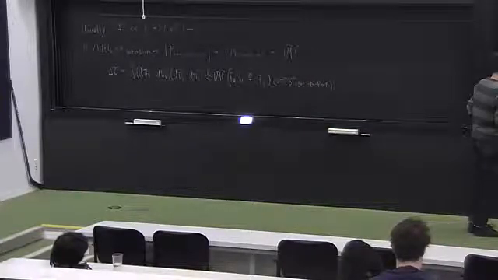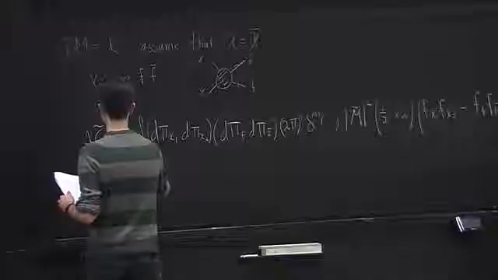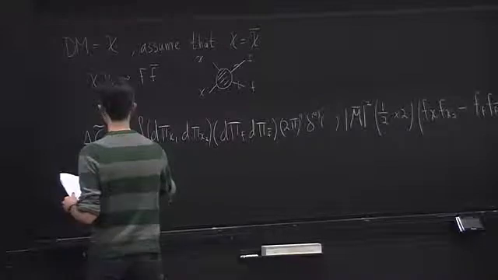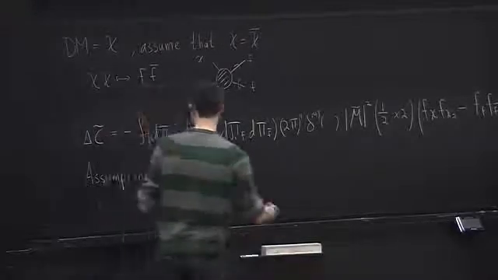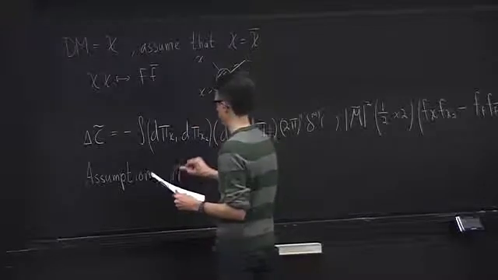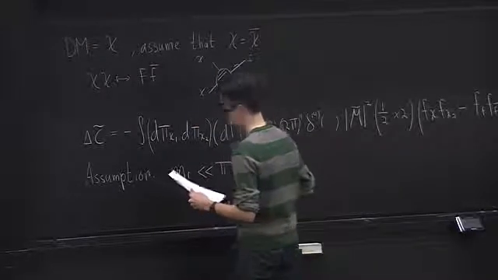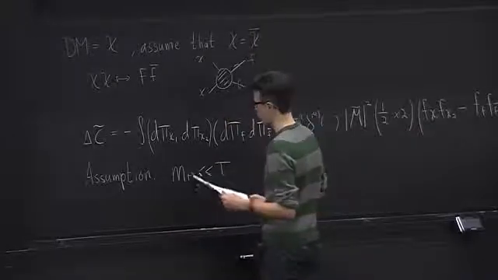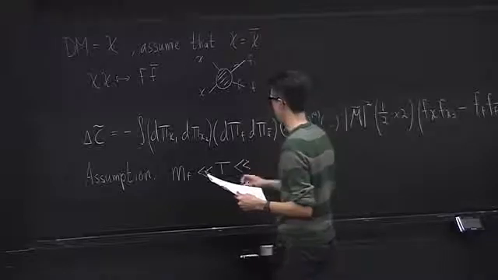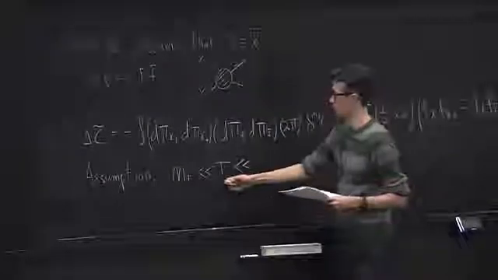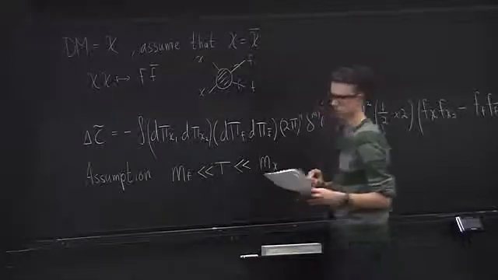Okay. So my first assumption, and this assumption is valid for many of the cases we're going to look at, is that I'm going to treat the standard model fermion as essentially massless, and I'm going to assume that the temperature at which I depart from equilibrium is also a fair bit less than the mass of the dark matter particle.